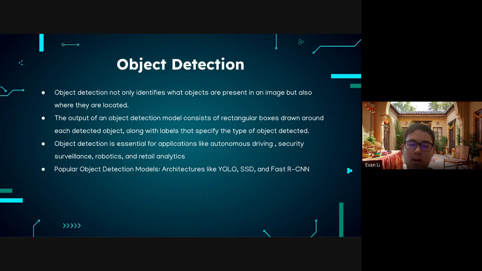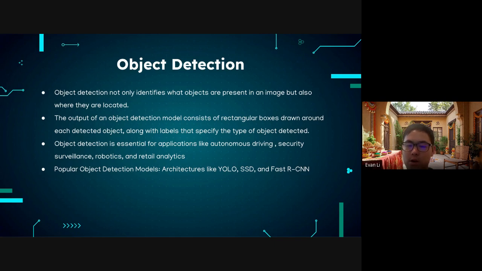This means the algorithm must determine both what objects are present and where they are situated within the visual scene. The output from an object detection model is richer and more informative than simple classification.